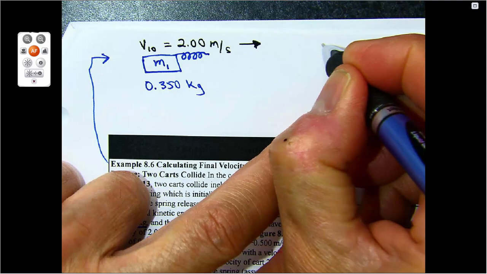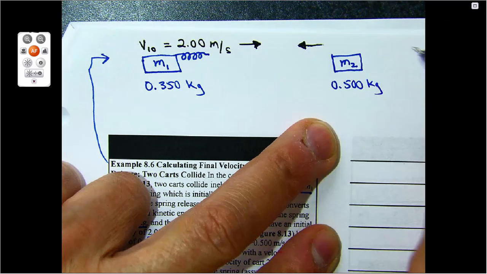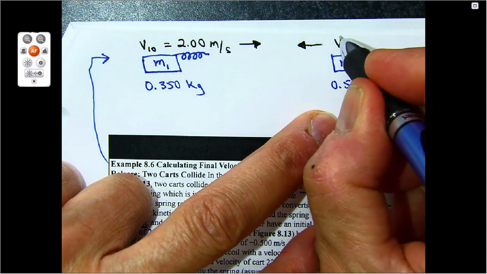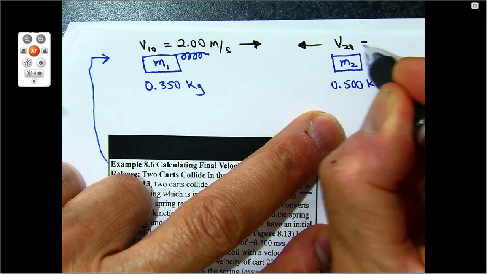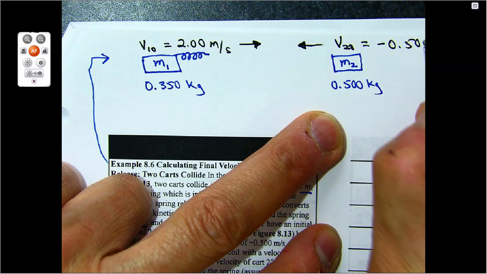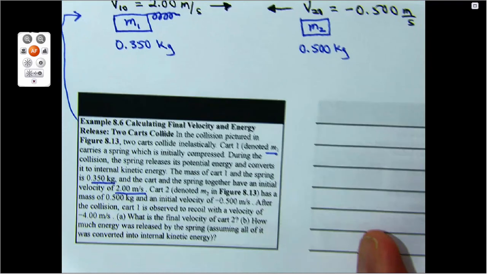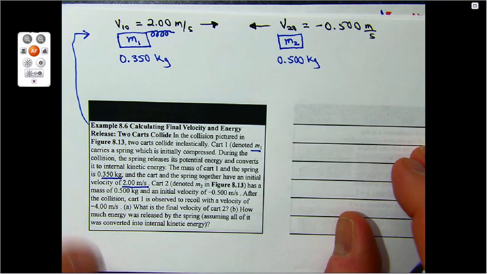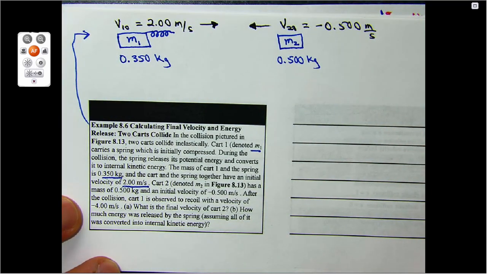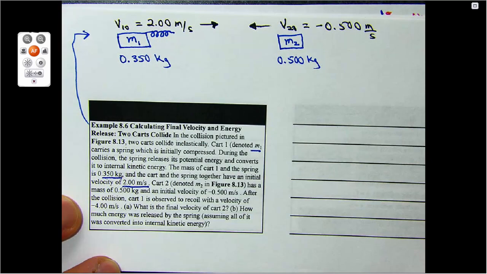This is going this direction. V2 initial is minus 0.5. So again, this spring is just going to spring back.